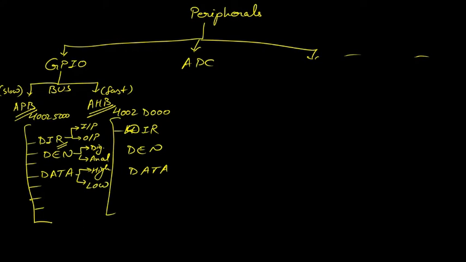For that we can use two or three different approaches. One is using the registers directly, for which you can use pointers, and these registers are arranged in consecutive memory addresses.